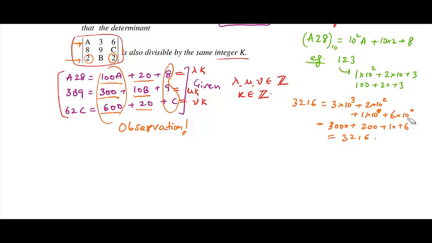So what I do is, I use a transformation. I write R2 as R2 plus 10 times R3 plus 100 times R1. I use this transformation, and as soon as I use this transformation, I get the value of the determinant as delta is equal to, we are not making any change in the first row, so you get A, 3, 6.